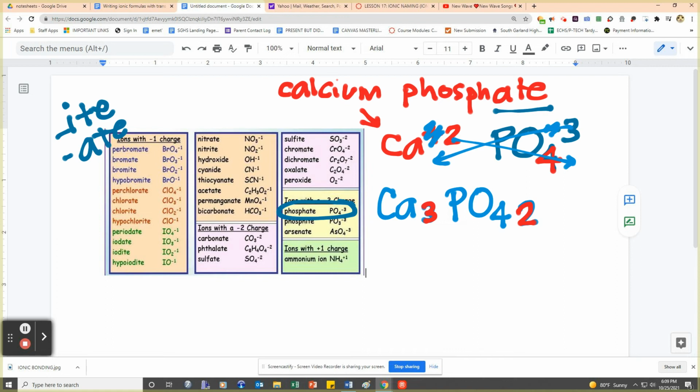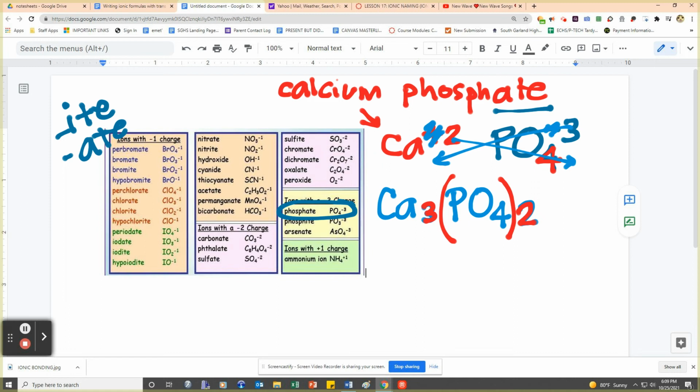So do we put a parentheses around the 2? No, that's wrong. Do we put a parentheses around the 4? No, it's wrong. What you do is put a parentheses around the polyatomic ion, the one from the list. That's how you use the parentheses.